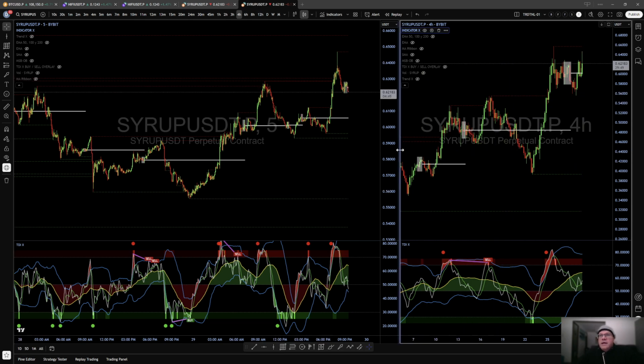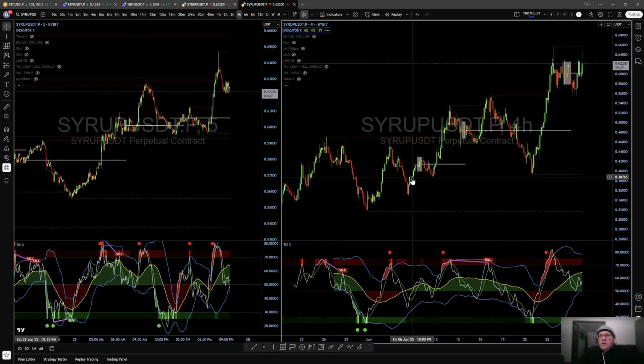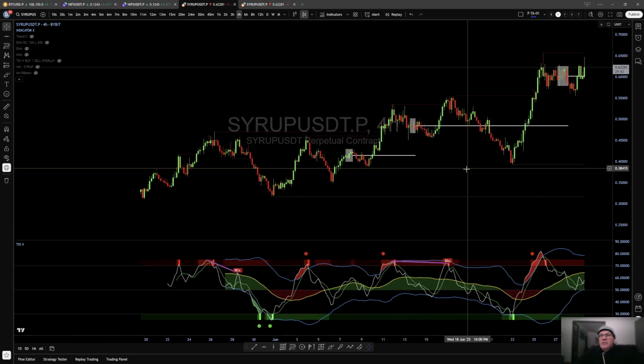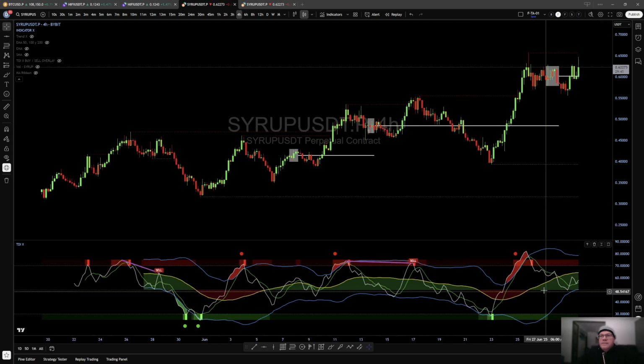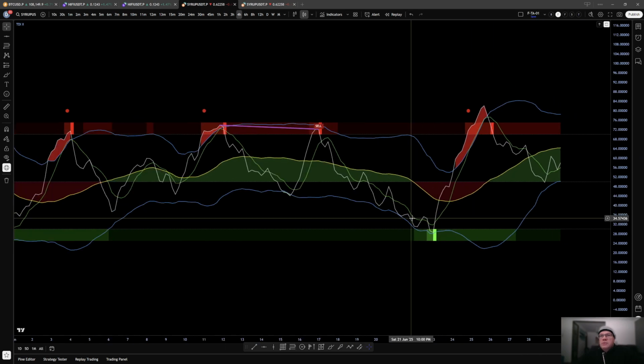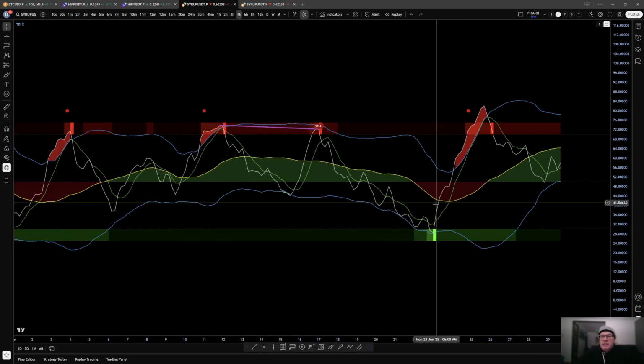And how you do that is, say on the 4-hour, let's just do it on here because it'll link to it anyway. On the 4-hour, in your TDIX, zoom in on this: this white line is your fast MA. It's like an RSI.